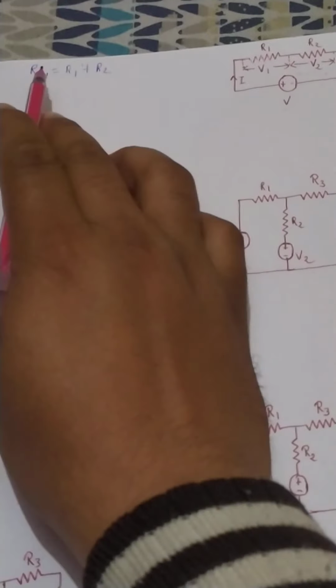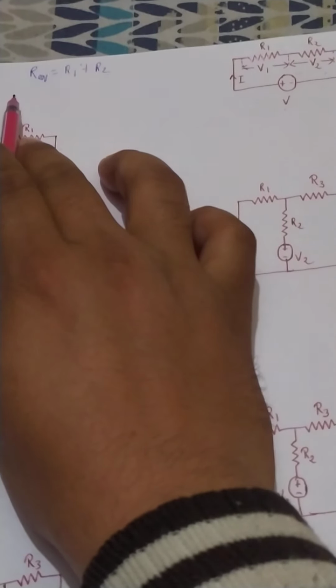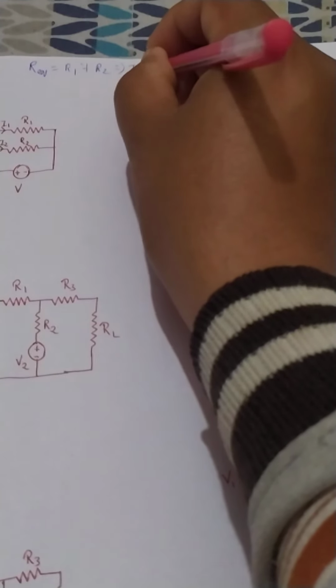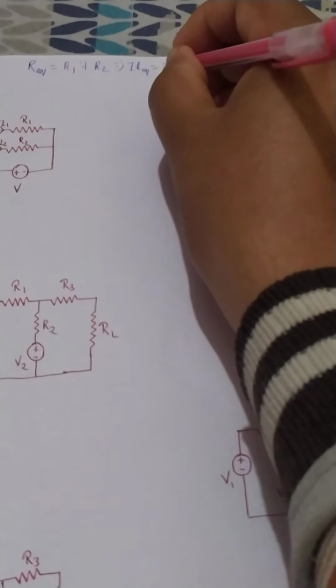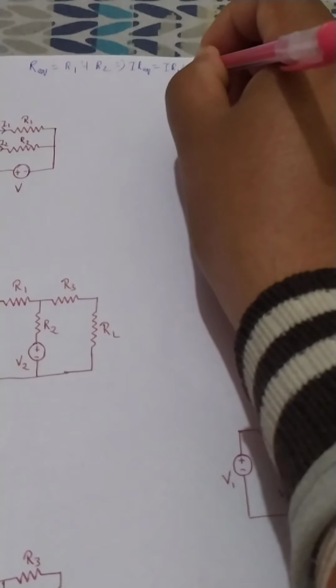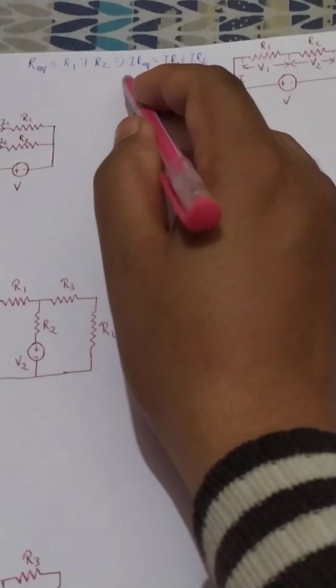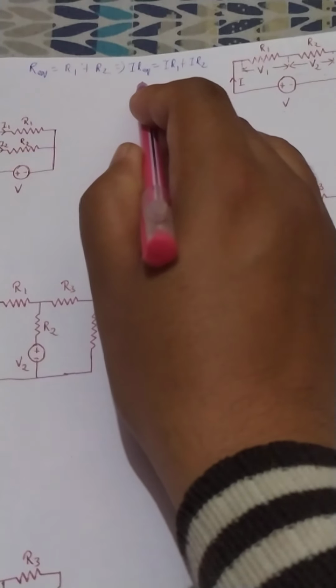If we multiply this equation on both sides by I, we could write I R equivalent would be equal to I R1 plus I R2. Now what about I into R equivalent?